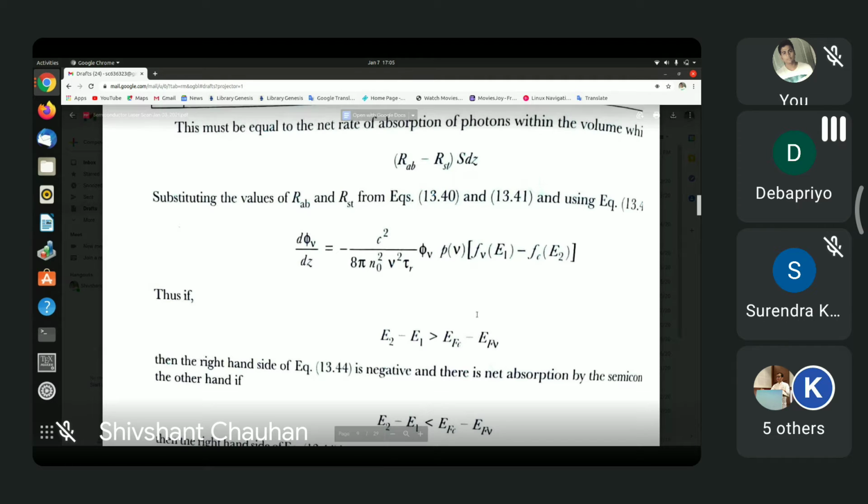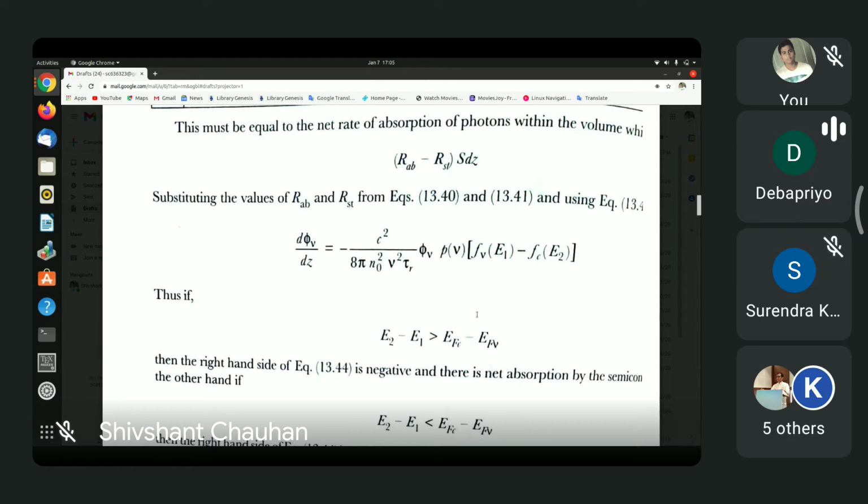So here again they have come back to the notation E2 and E1, right? I said that it is better to refer to E small c as E2 and E small v as E1.